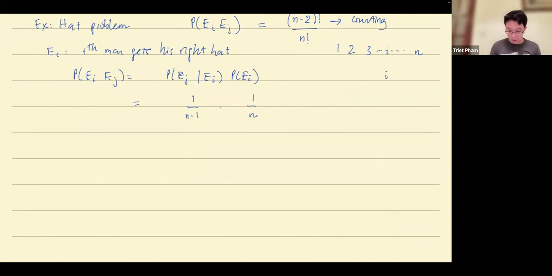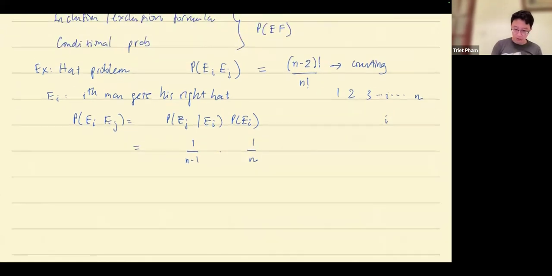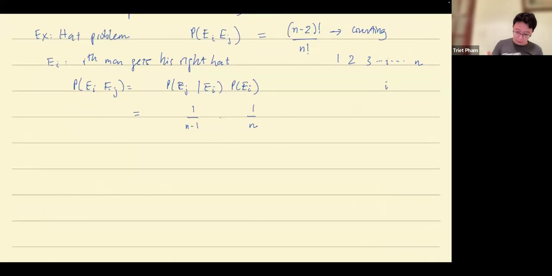So two more things about conditioning that we should remember because they will be used a lot in the future.